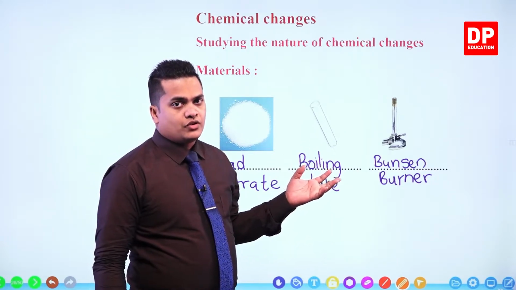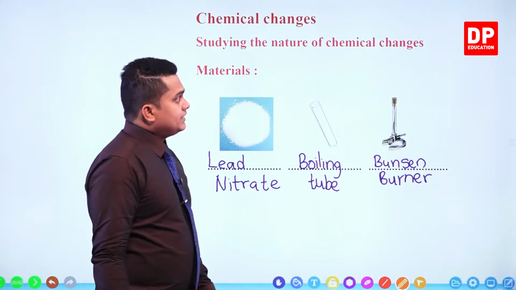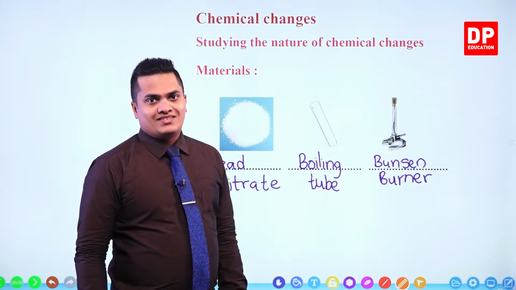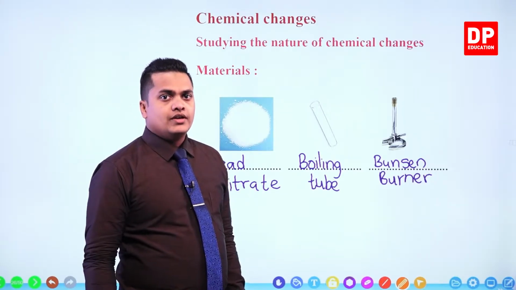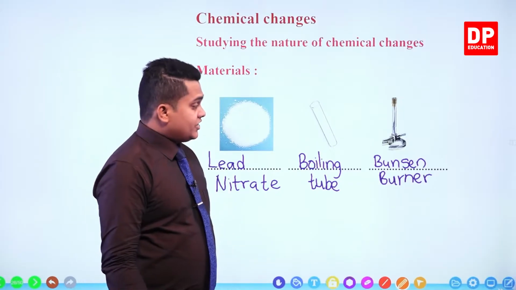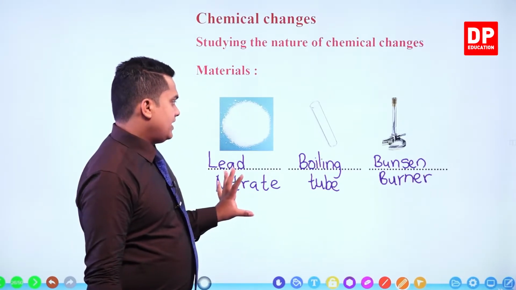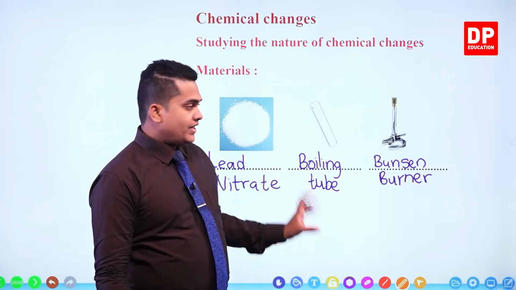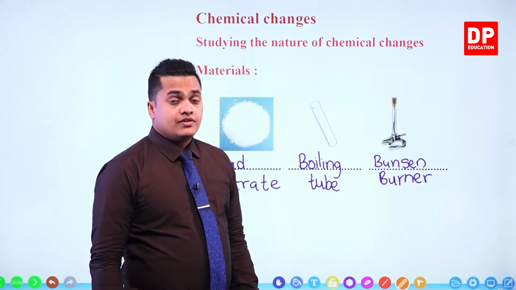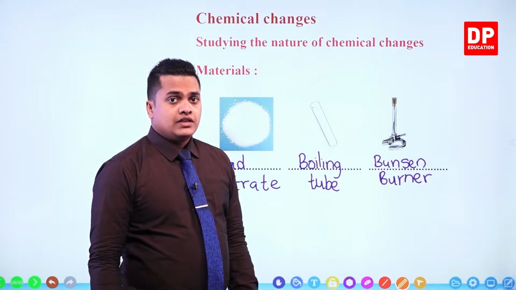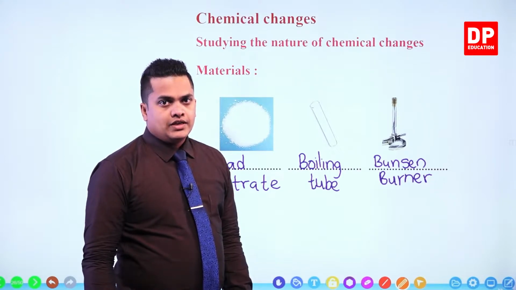So these are the main materials that you need, plus a forceps to hold the boiling tube. You measure 1 or 2 grams of lead nitrate, put it into the boiling tube and heat it, then observe what is going to happen within the lead nitrate.